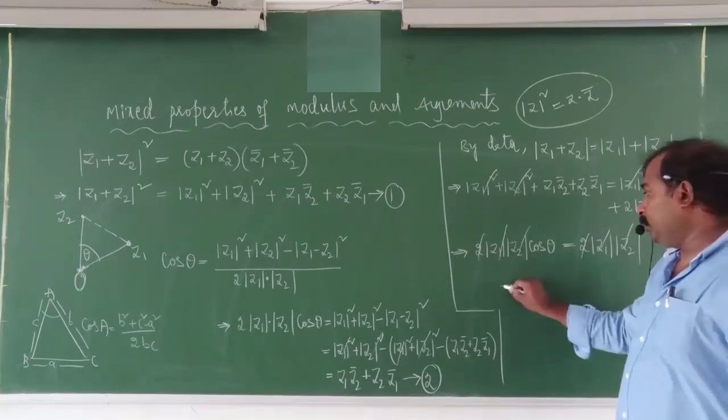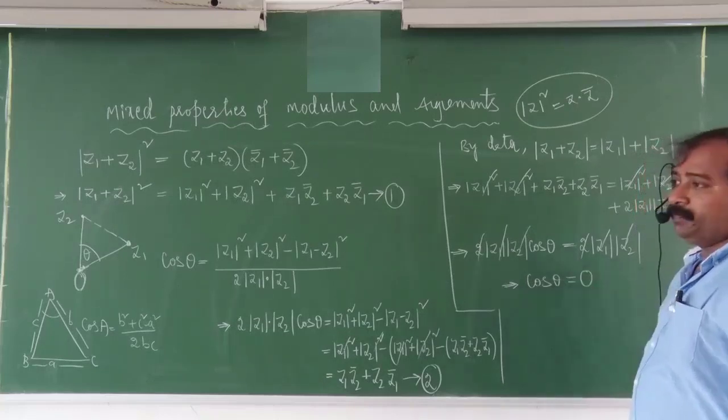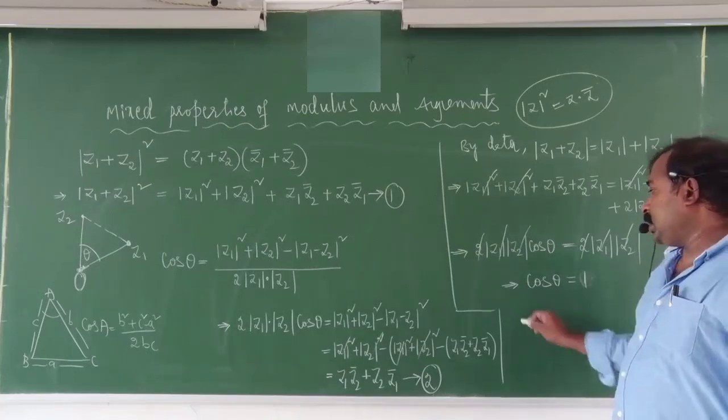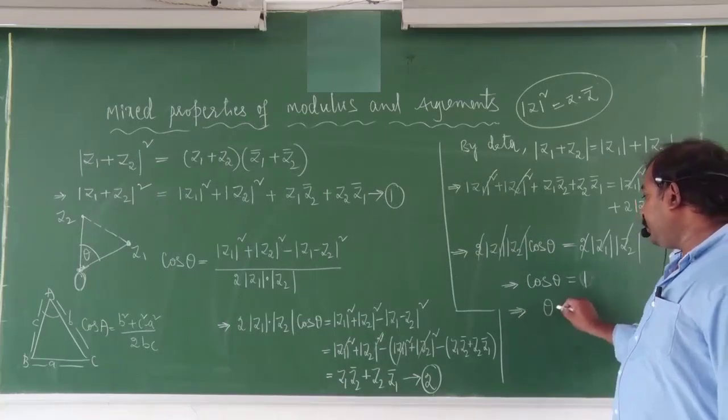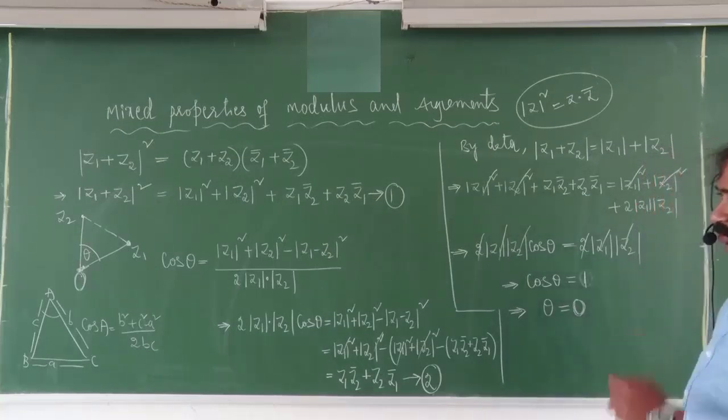What can you get, ma'am? Cos theta equals 1. Cos theta equal to 1 means what will the theta value be? 0.